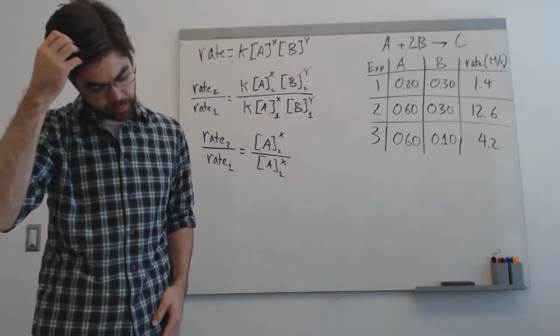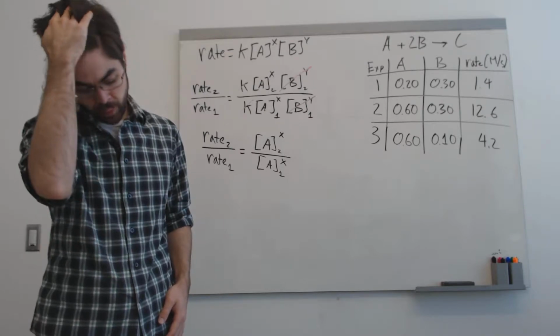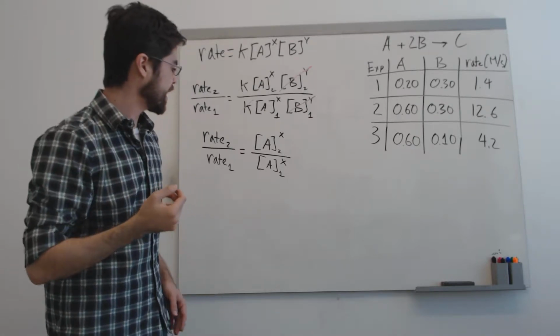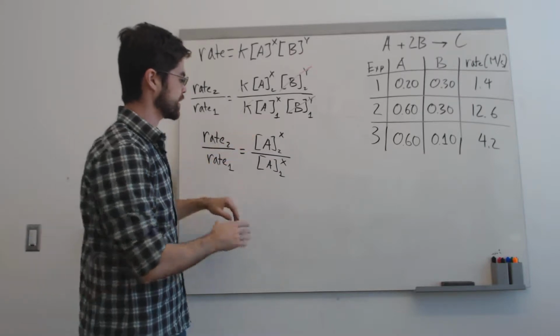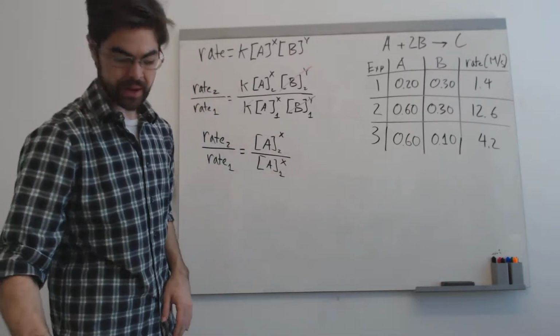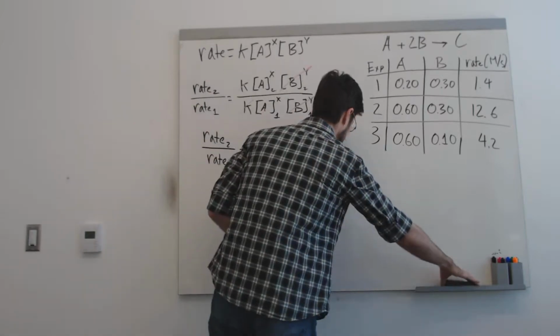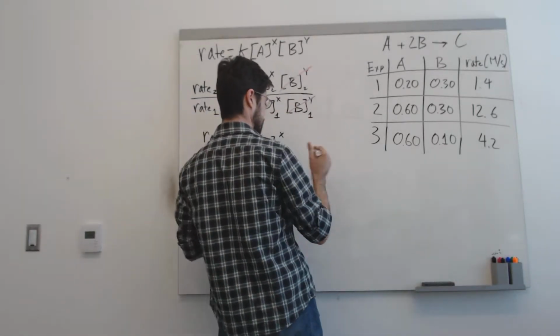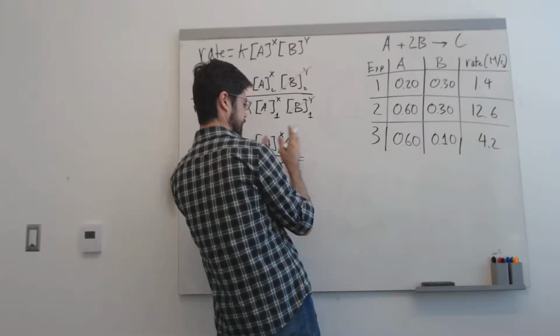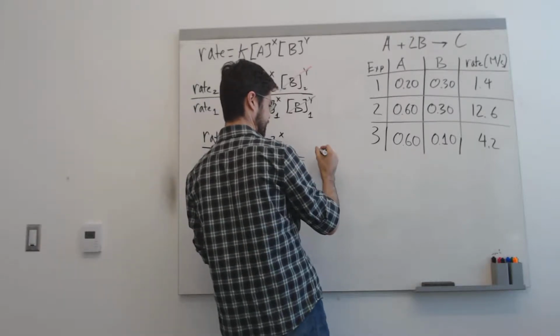I can do a little bit more algebra here. If I have a quotient, two things that I'm dividing by each other, and they're both raised to the same exponent, I can combine them.